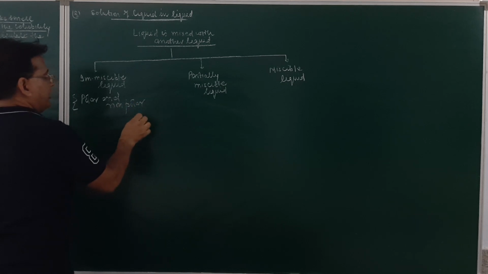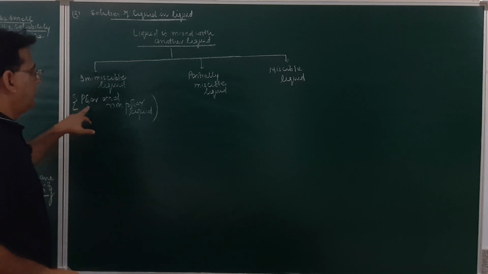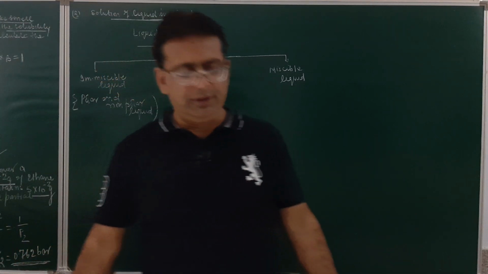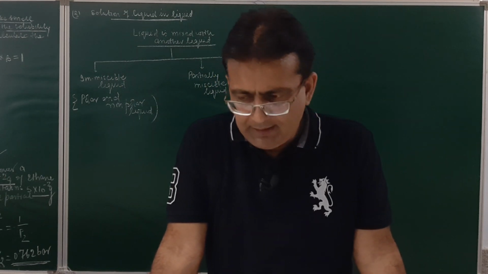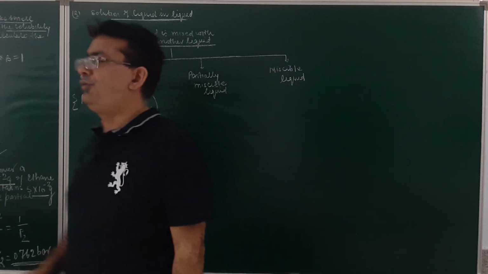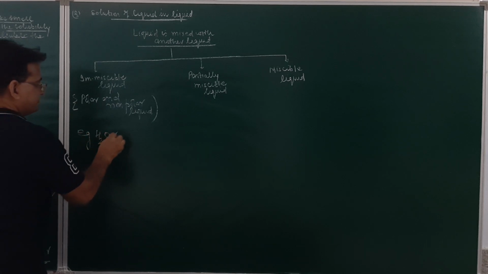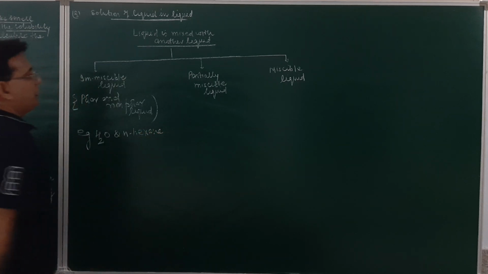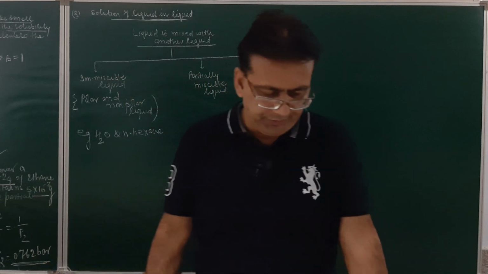As for example, polar is water and non-polar liquid, you may take an example like hexane. Fine. So example over here can be like water and hexane. These are immiscible liquid.